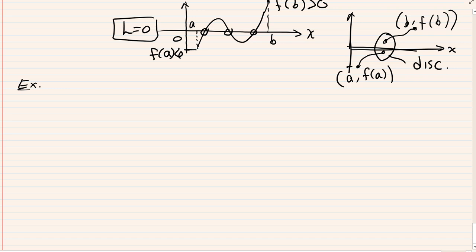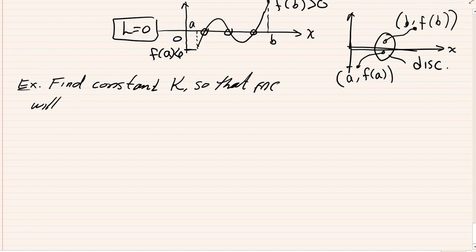In this example, I want to find a constant. We're going to call it k, so that we're going to make a function continuous. So the function will be continuous everywhere.